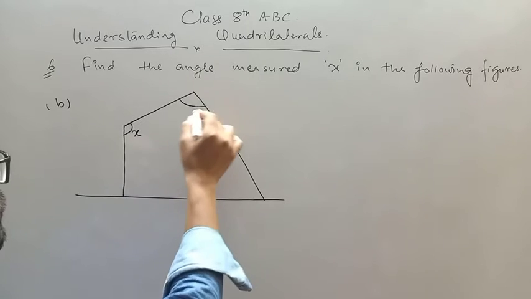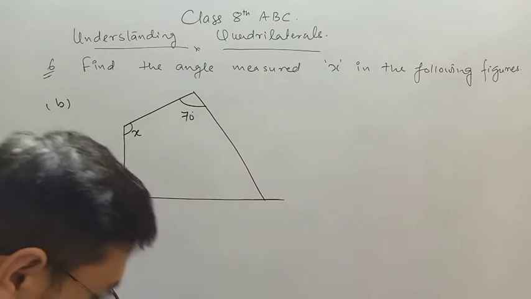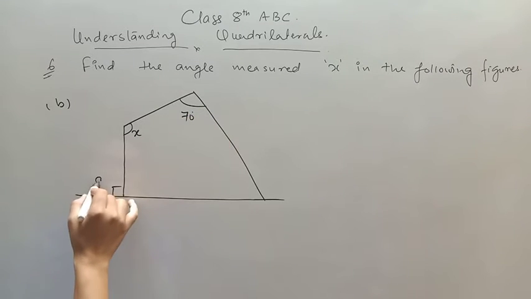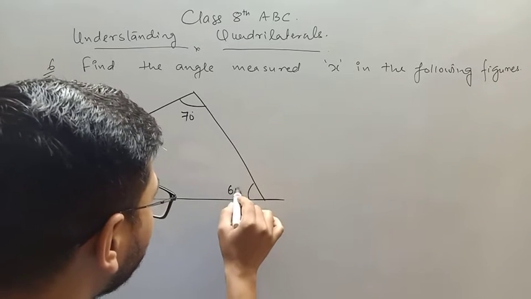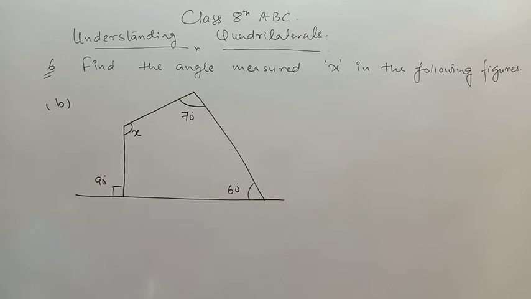This angle is given to you as 70 degrees. This is perpendicular, that is 90 degrees, and this angle is 60 degrees. You need to calculate the value of x, but you say, sir, we don't know this angle. See students, this line is perpendicular to this line. That means if this angle is 90 degrees, then obviously this angle is also 90 degrees.